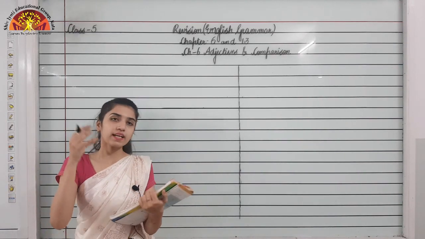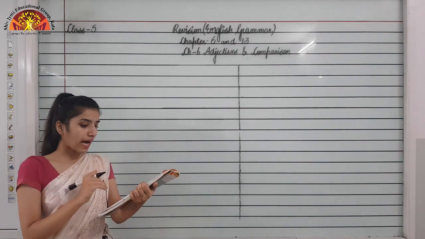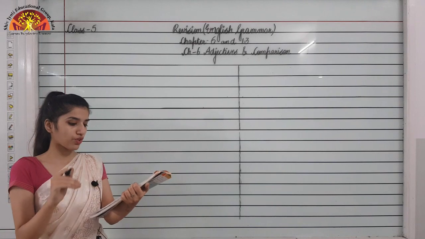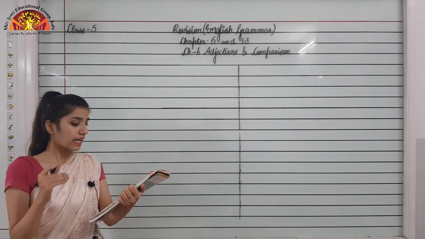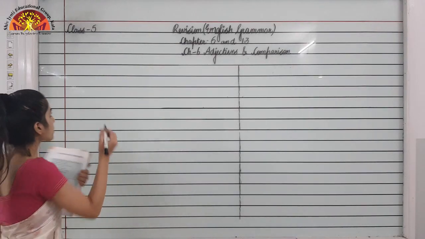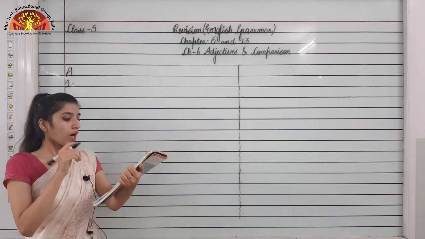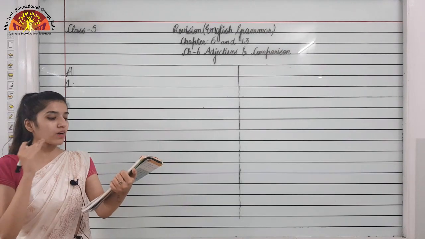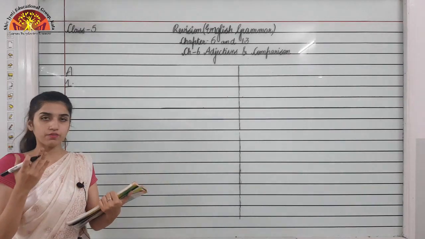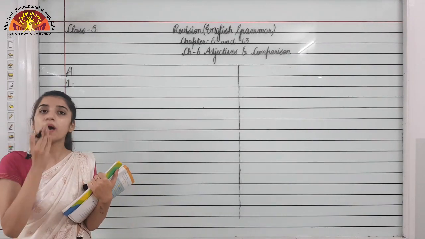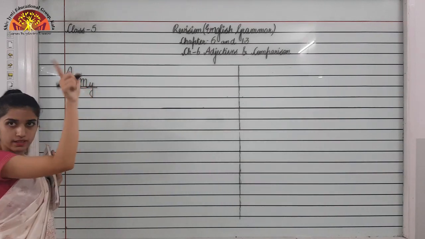Now I am taking an example from your book itself. Dash brother saw a dash creature that looked like a dinosaur. You can find it in exercise A, the first one. Dash brother, my or this brother. Of course, I am using the adjective my, so my would come in the first blank.